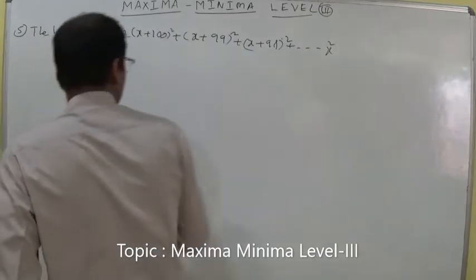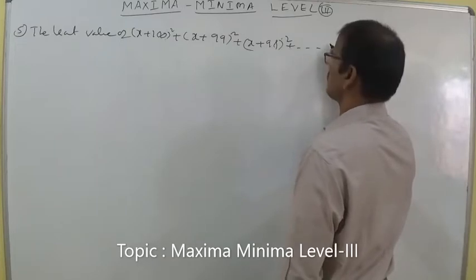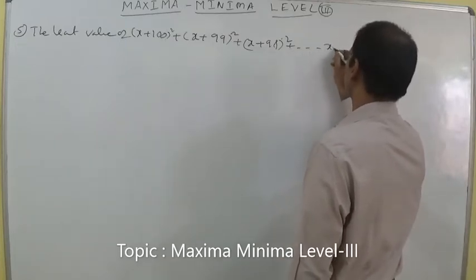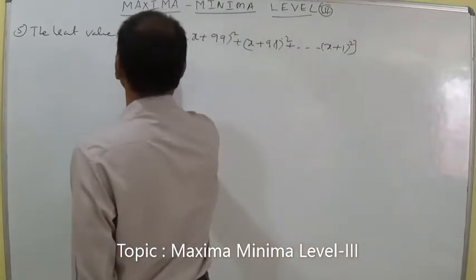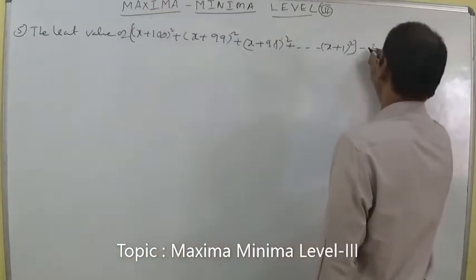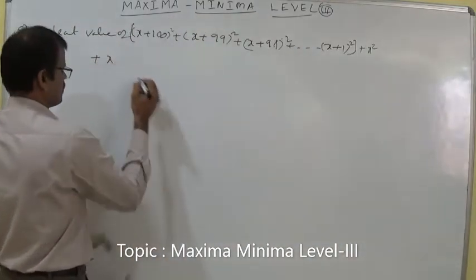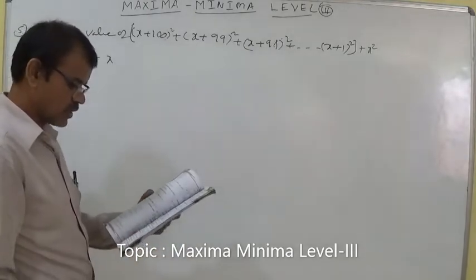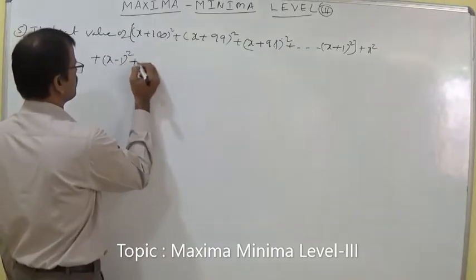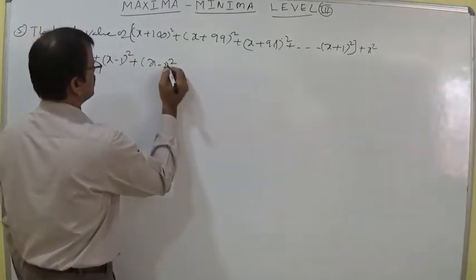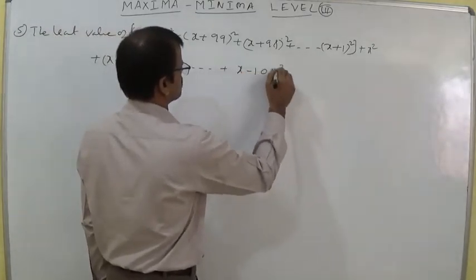It is a group of terms, (x + 100)² + (x + 99)² like that, and (x + 1)². Let us take this as a group plus x² plus the next group I am writing here, (x − 1)². So terms are reducing. (x − 1)² + (x − 2)² and so on, up to (x − 100)².